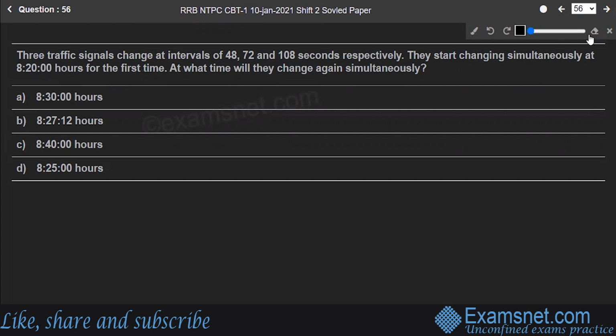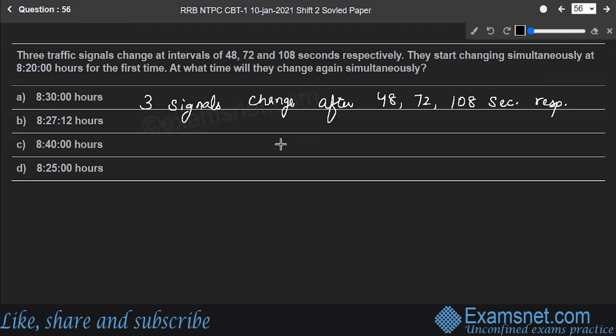Time when the 3 lights started changing simultaneously was 8:20. Let's write it down. First thing, let's write down 3 signals change after 48, 72, and 108 seconds respectively.